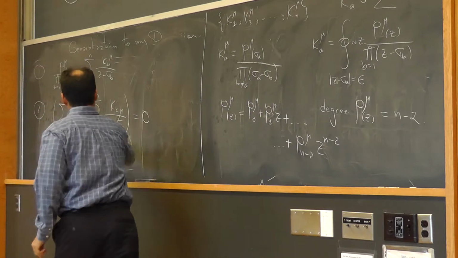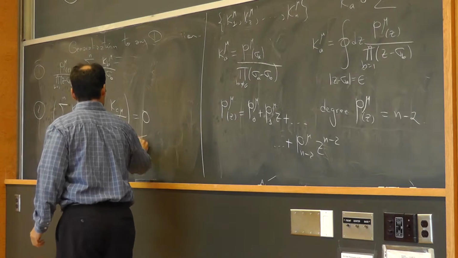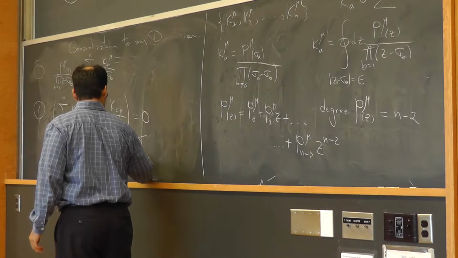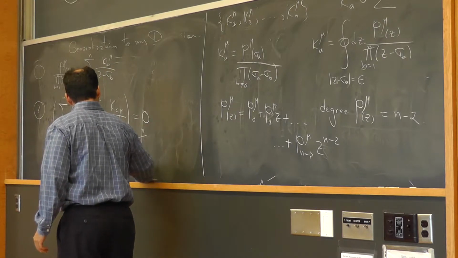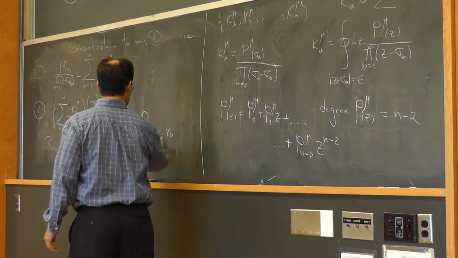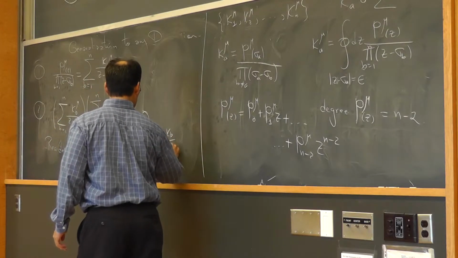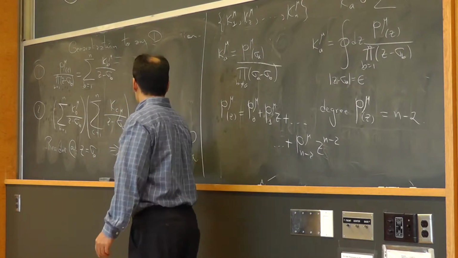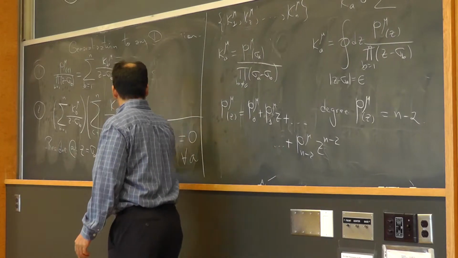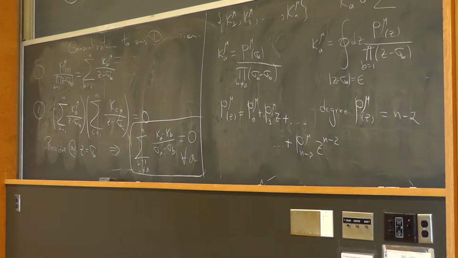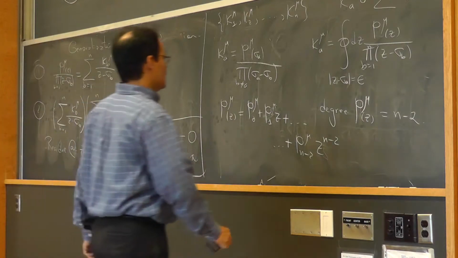So if you compute the residue, that residue is nothing but the sum over, let me call it b again, from 1 to n, but not including a, of k_a dot k_b divided by sigma_a minus sigma_b. And I have to impose that this is equal to 0 for all a. Okay? So those are the equations that link the location of the punctures to the kinematic invariants k_a dot k_b.